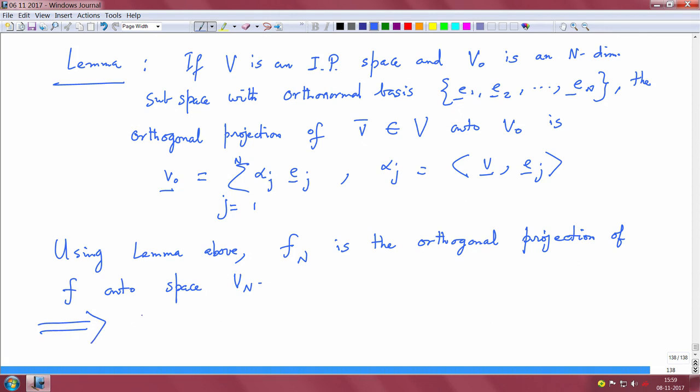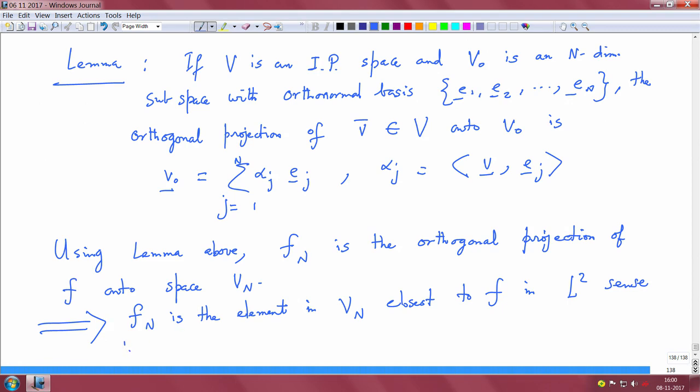So, this would imply that f suffix n is the element in Vn closest to f in the L2 sense.